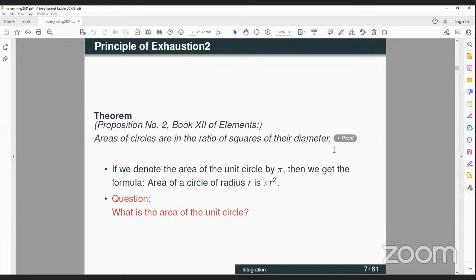And this is not the definition of the area of the unit circle as pi, but at least if you assume that the area of the unit circle exists, and you denote that quantity by pi, then by this you can say that the area of a circle of radius r is pi r square.